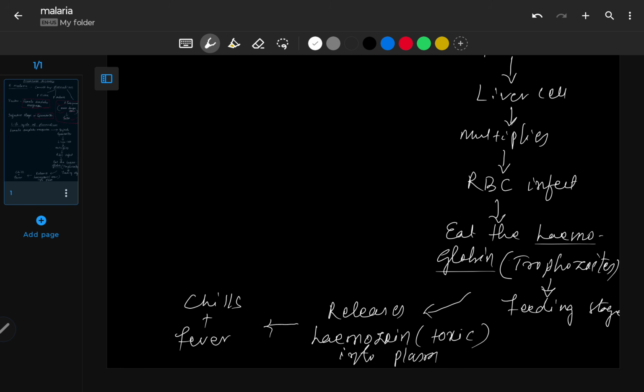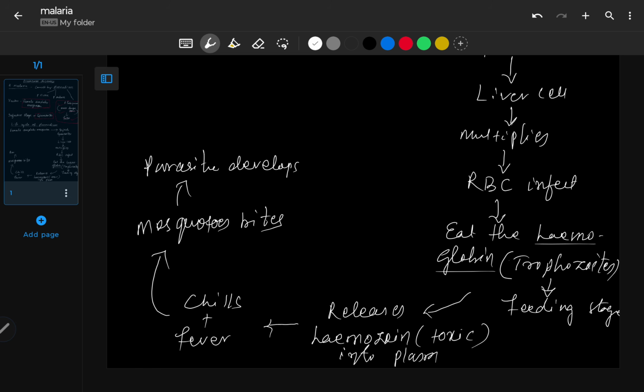Now in this condition, if the mosquito bites, then the parasite enters into the mosquito, and the parasite develops in the mosquito.